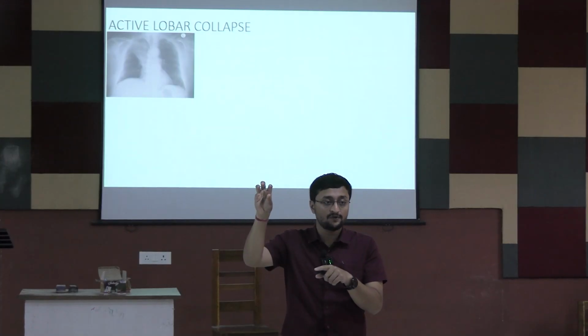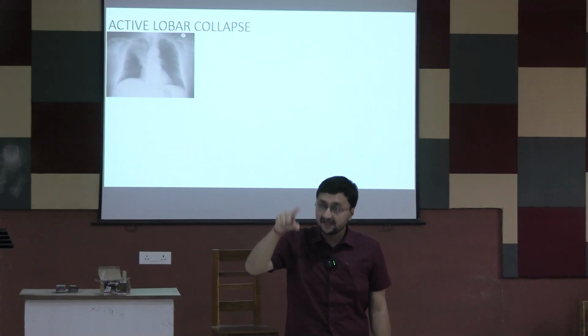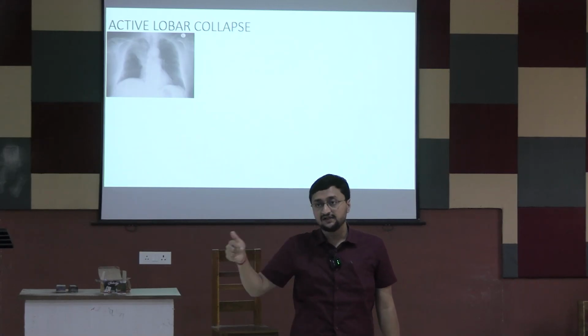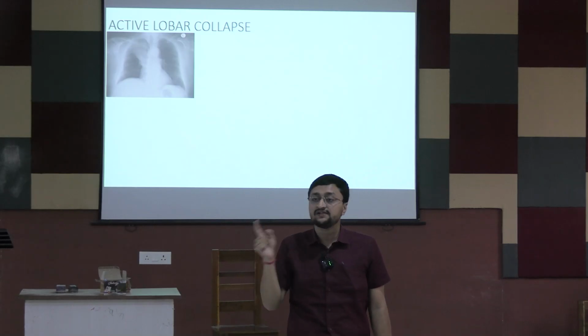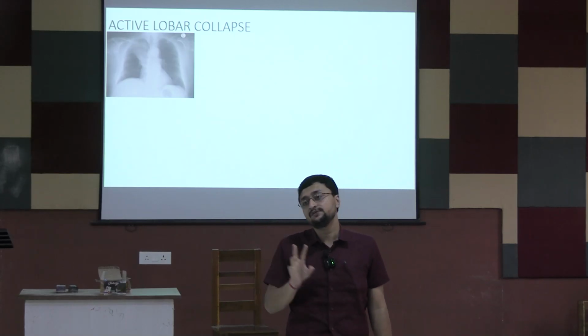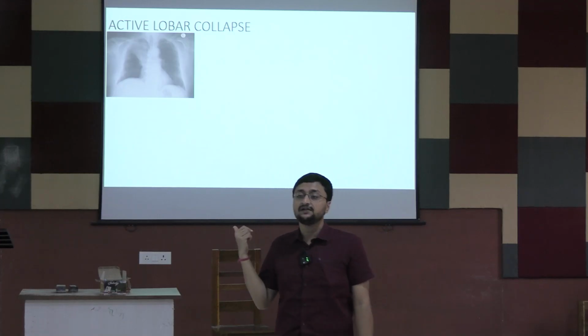Then a negative pressure is created at the right upper lobe bronchus, and because of that negative pressure the trachea is pulled to the right side. But in consolidation, the trachea position would be normal. In collapse, the trachea is pulled towards the collapsed area.